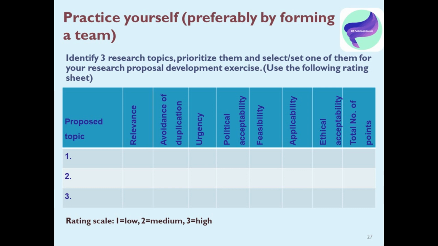So for each problem, you can obtain a total score out of 21. Then, based on this score, you have to put the problems in descending order, in rank order.